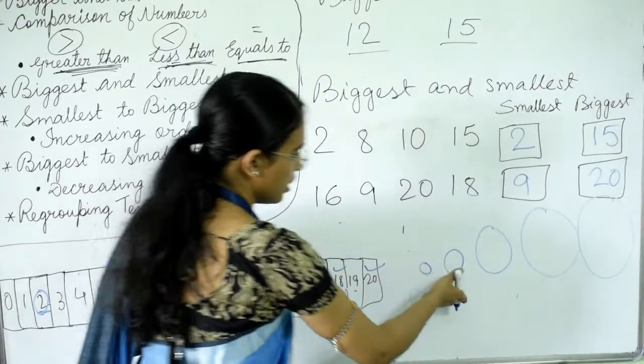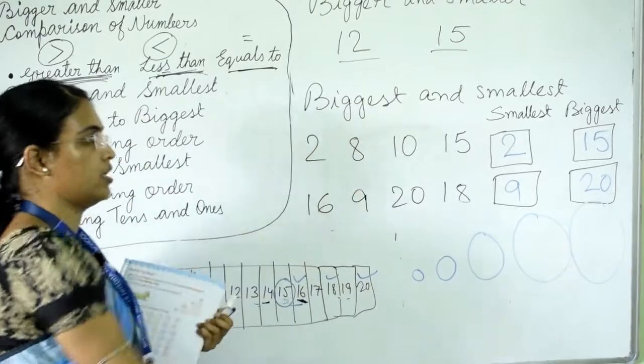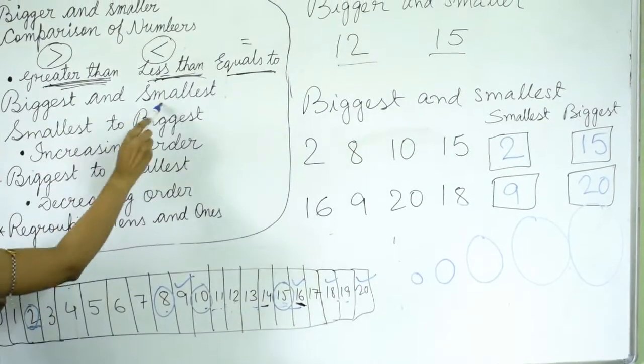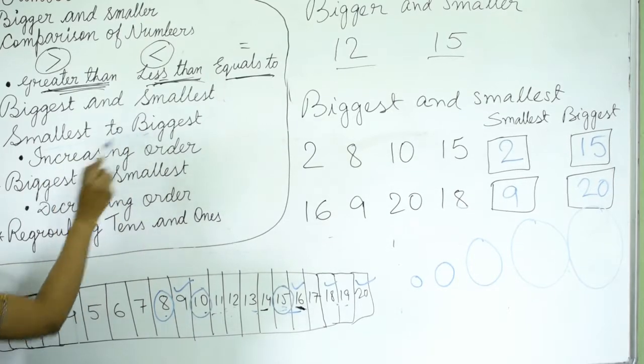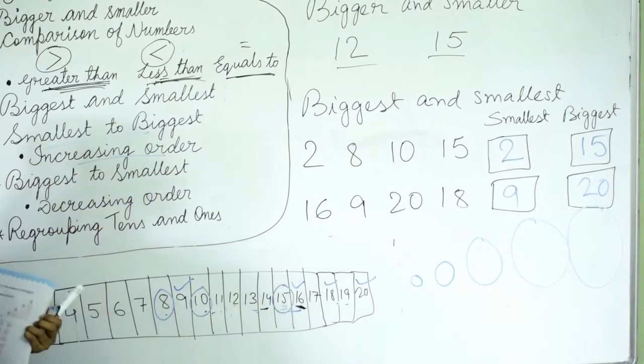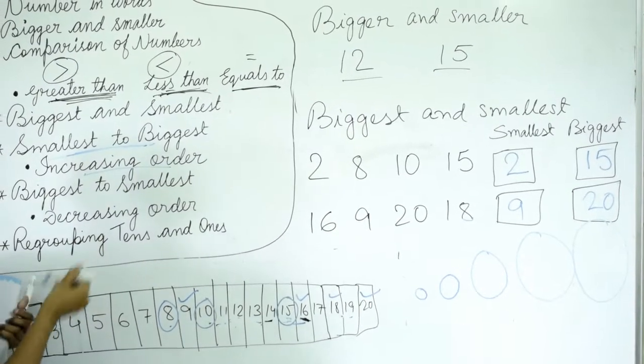In this way it is increasing, right? Chota se bada. Smallest to biggest means increasing order. You can say this smallest to biggest.